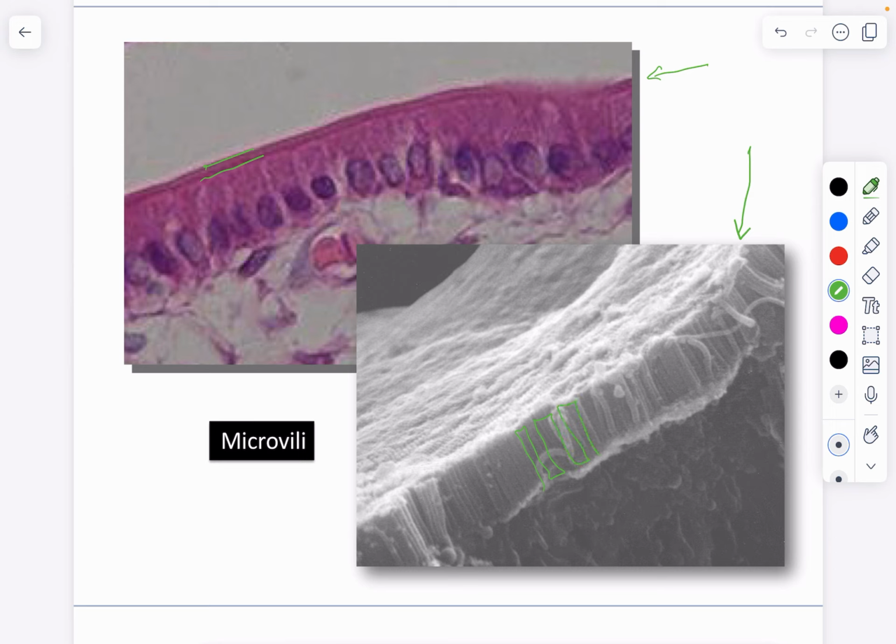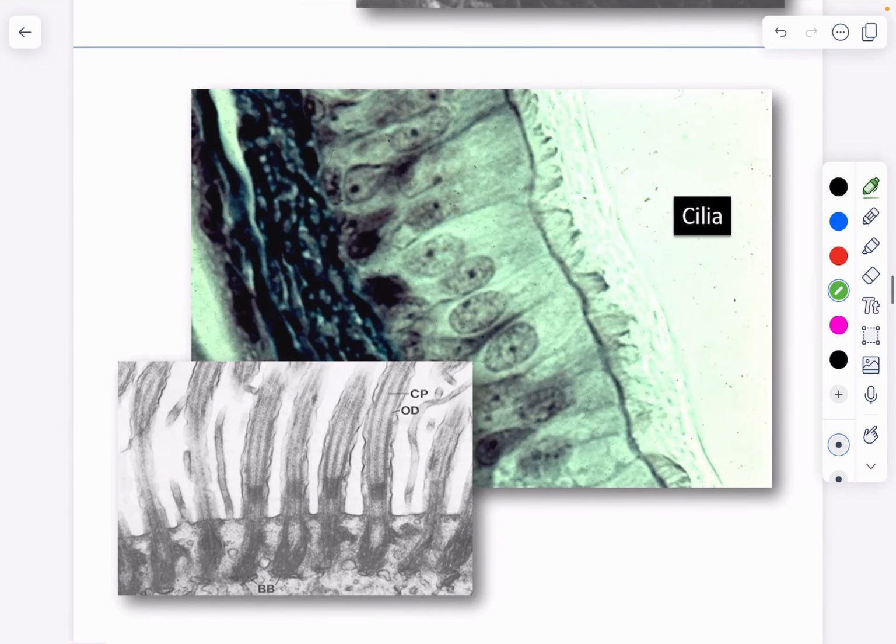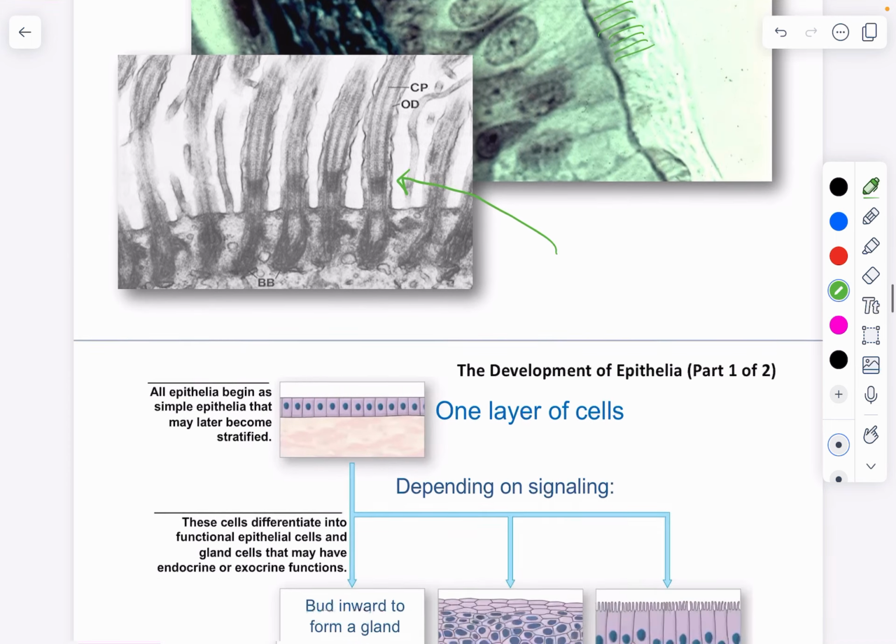You have so much more surface area than if it were just flat. This is what cilia look like when you look at it with higher magnification. So you can see these hair-like structures, right? They are going to beat. They are a separate structure from the membrane, and they're used for movement.